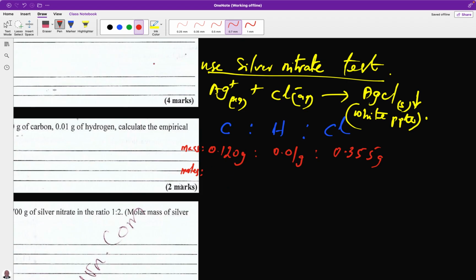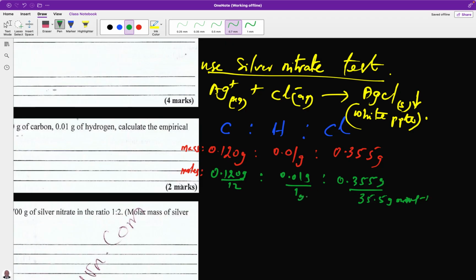So our number of moles will be 0.120 gram divided by 12, 0.01 gram divided by, for hydrogen it is 1, and for chlorine is 0.355 gram divided by 35.5 gram per mole.